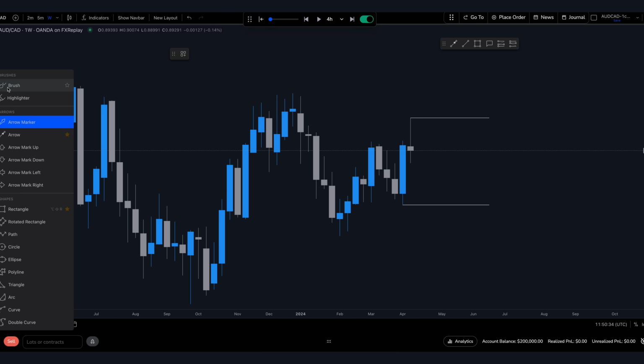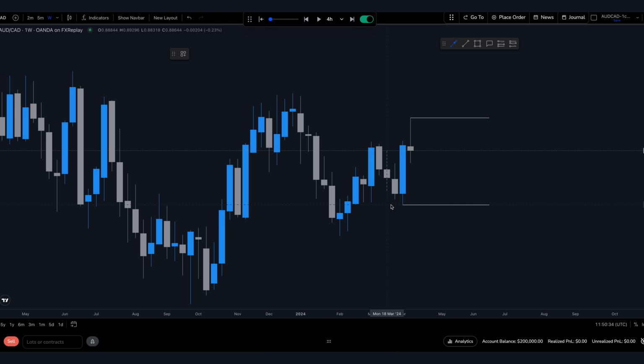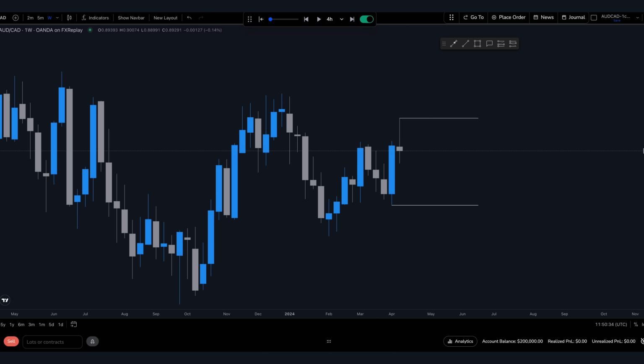So what we want to look for initially when it comes to building a narrative is the recent leg of price action. So whichever the most recent low to high move or high to low move is, that's going to be your recent leg of price action, which is phase number 1 to narrative building on the weekly. So you can see I've selected this candle to this candle because this was our most recent leg of price action, okay?